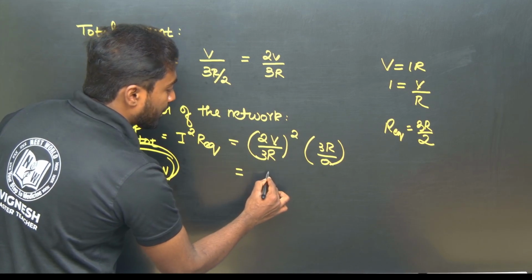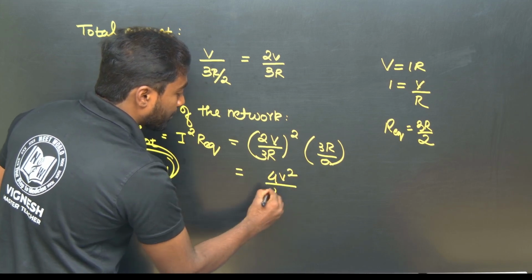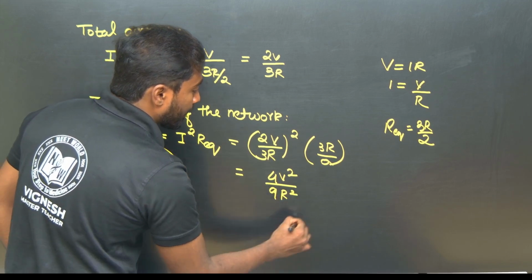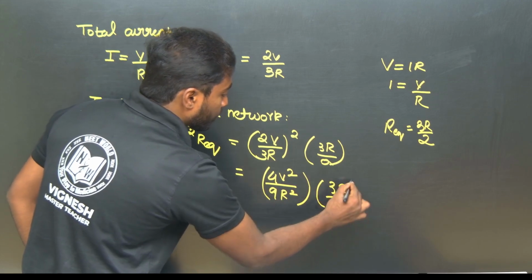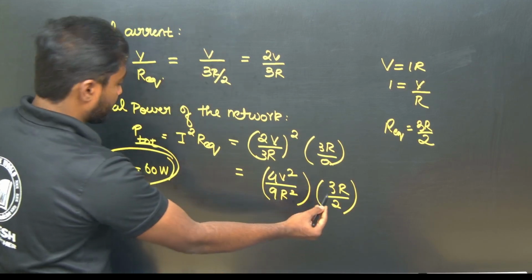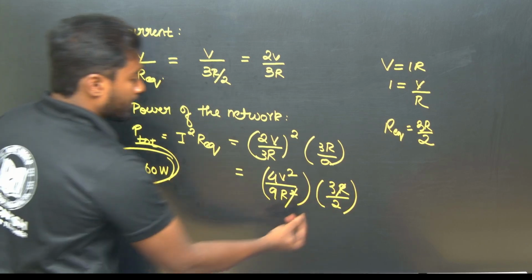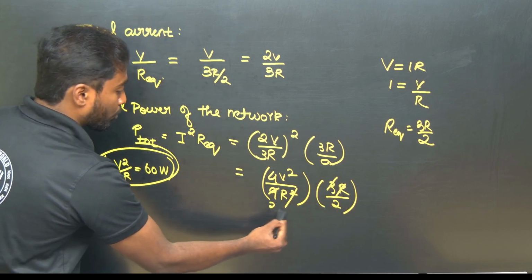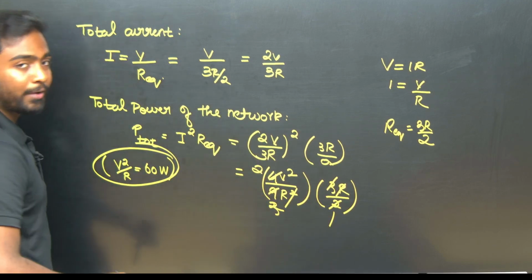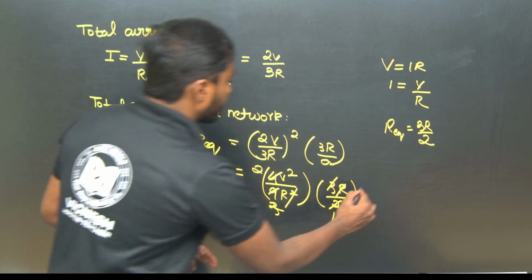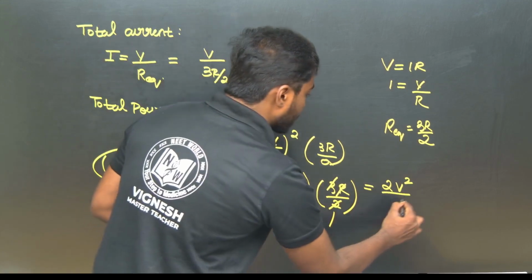Now do the calculation. This is 4V square by 9R square into 3R by 2, where R and R get cancelled out, leaving 2V square by 3R.